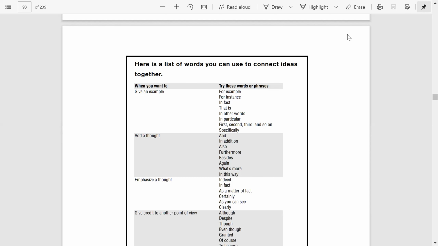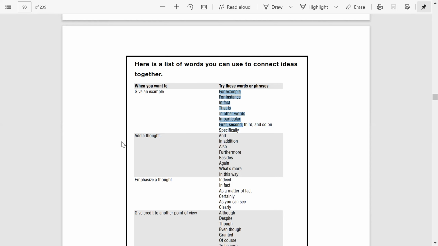Here is another list which you can use in your writing. Do not merely read the words over here. Rather, keep them in your mind and start practically using them in your writing. If you want to give an example, you can use these terms.